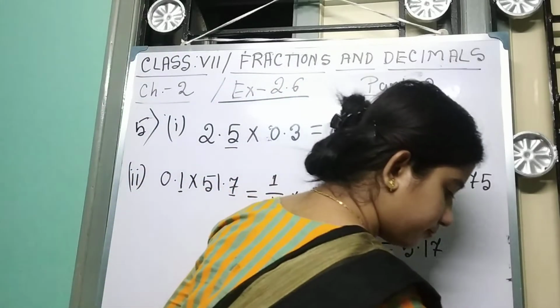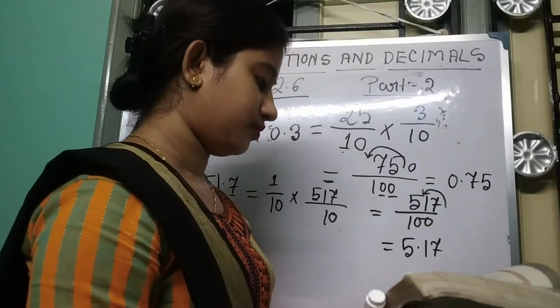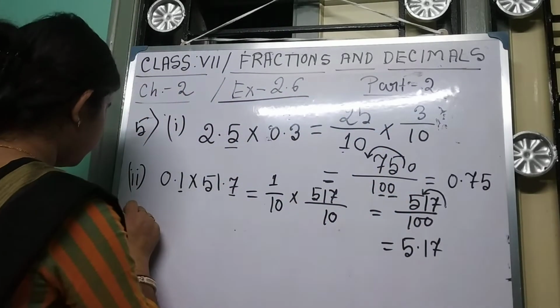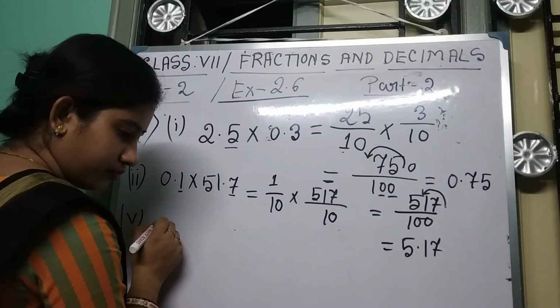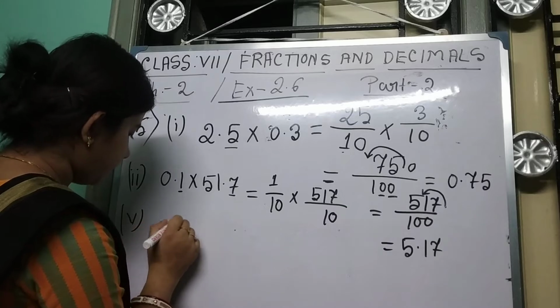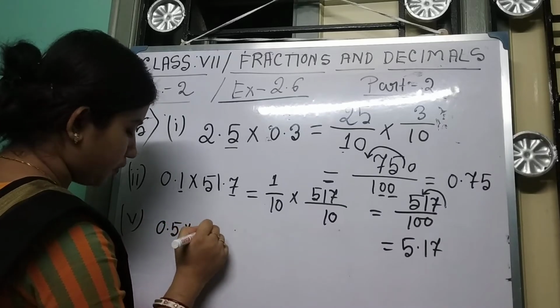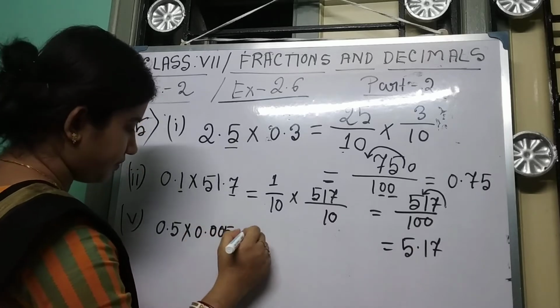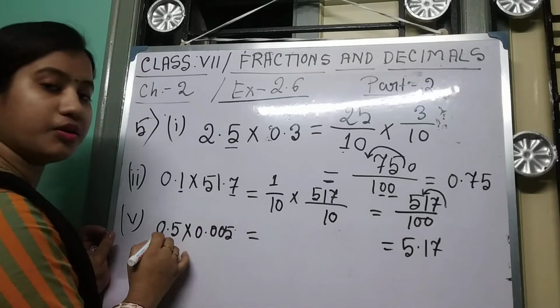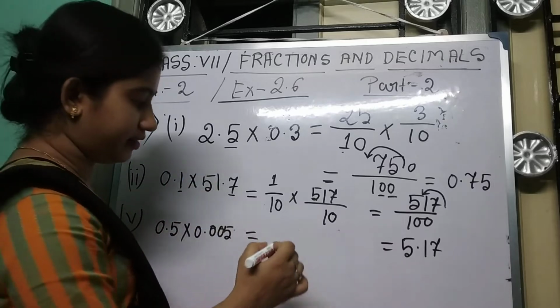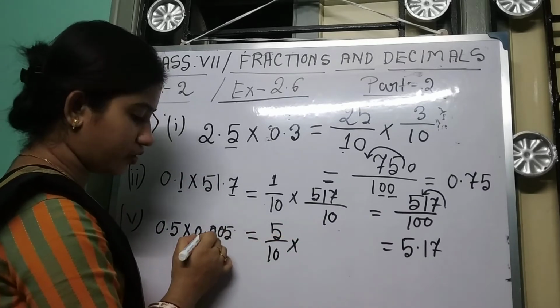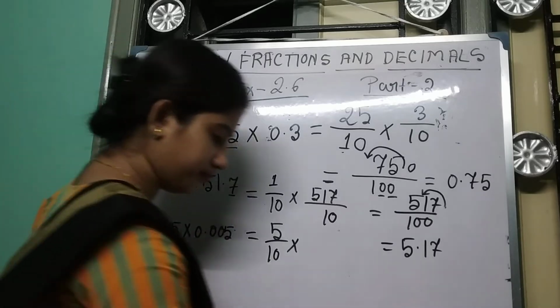Now next, number 5. Here is 0.5 into 0.05.